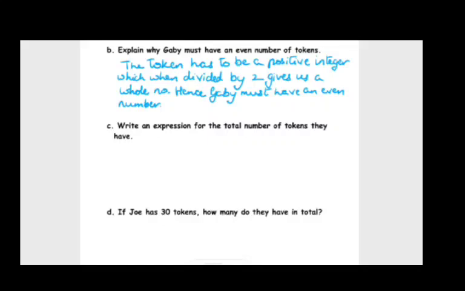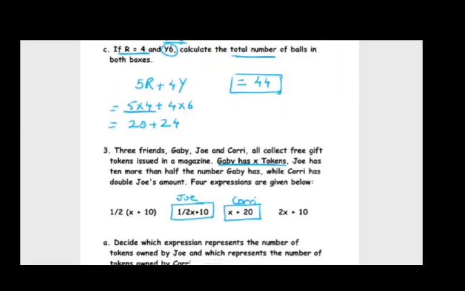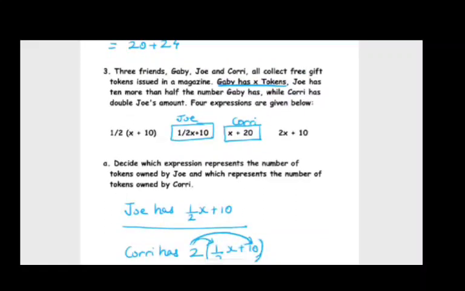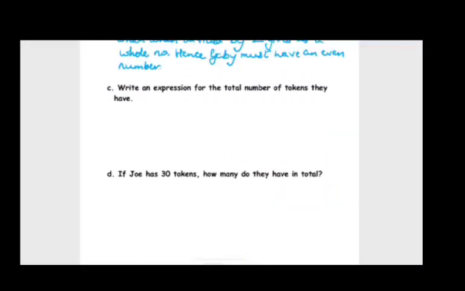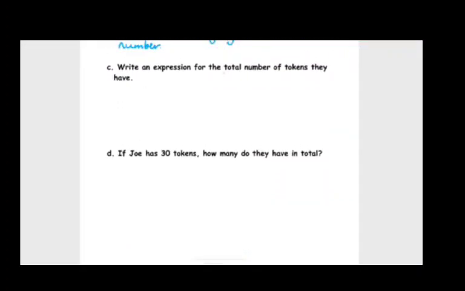Write an expression for the total number of tokens they have. So, Gabby, no, who was the first one? The first one was Joe, correct? No, the first one was Gabby. So, what is Gabby's expression? It says it is x. So, let me just write down x out here. I have to remember I have to do the total, so I have to add up all of them.